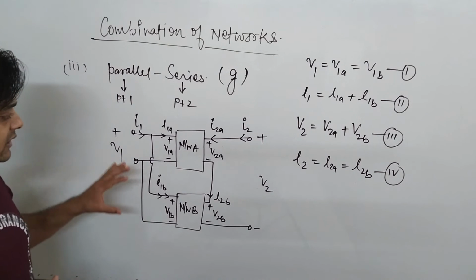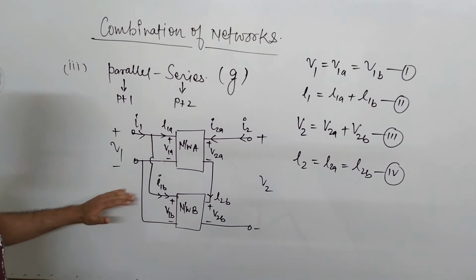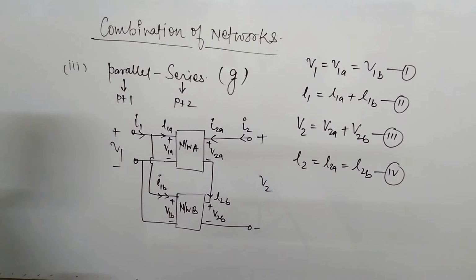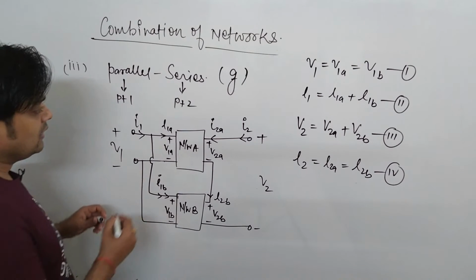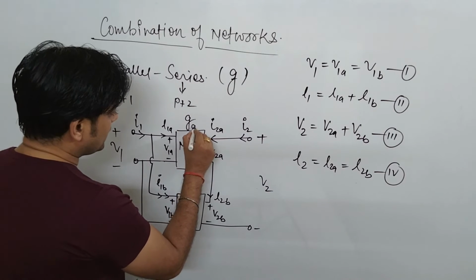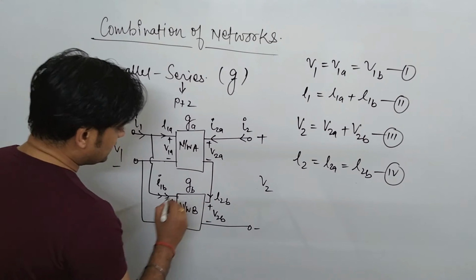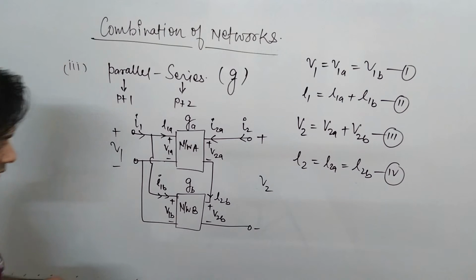Okay, so we have identified that port 1 is connected in the form of parallel and port 2 is connected in the form of series. So as I said, you have to find the G parameters, say GA and GB. So finally you have to go for the G matrix.